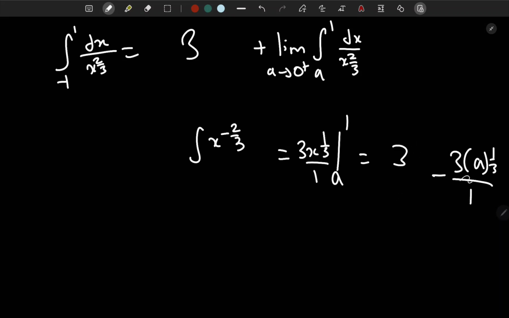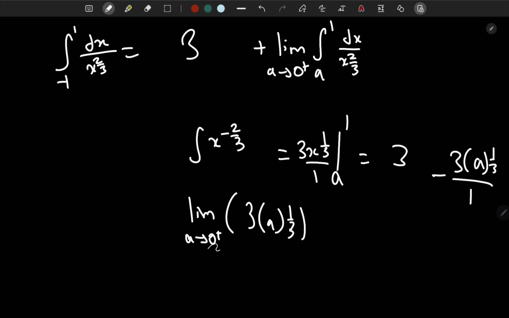And let's take the limit of a approaching 0 plus of 3 times a to the 1 over 3.